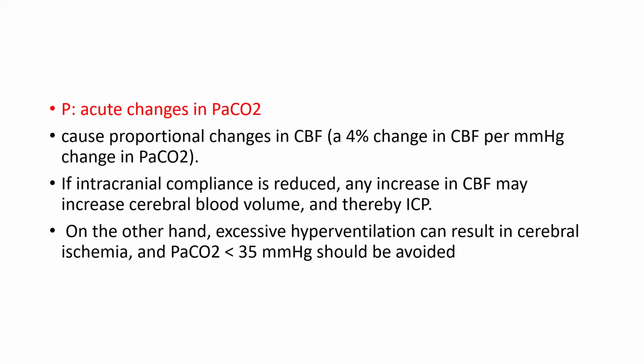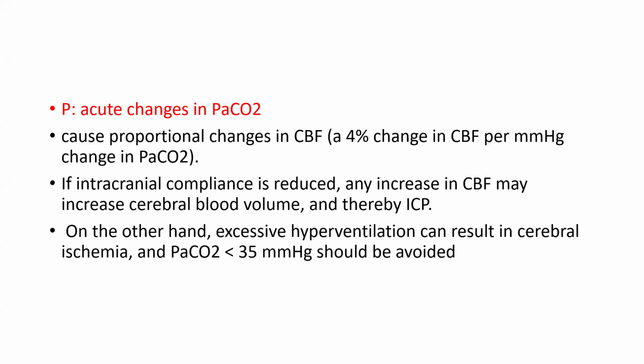Now the next is P, which stands for acute changes in the PCO2, carbon dioxide pressure, and it causes proportional changes in cerebral blood flow, because there is a 4% change in cerebral blood flow per mmHg of change in PaCO2. If intracranial compliance is reduced, any increase in cerebral blood flow may increase cerebral blood volume and thereby ICP.